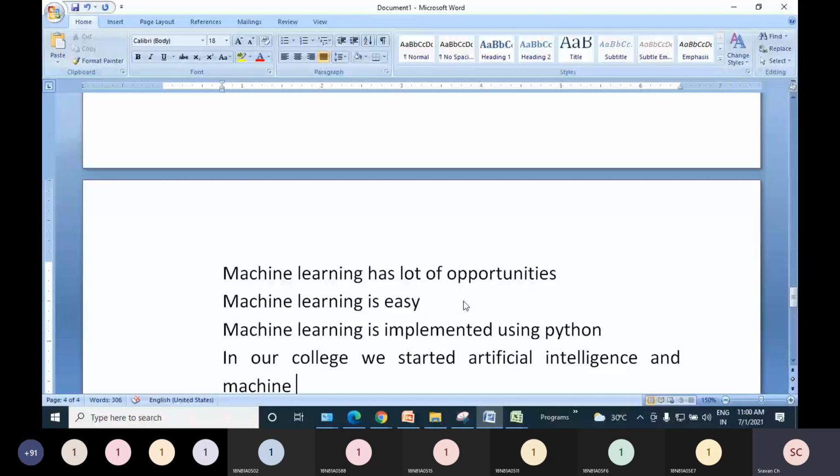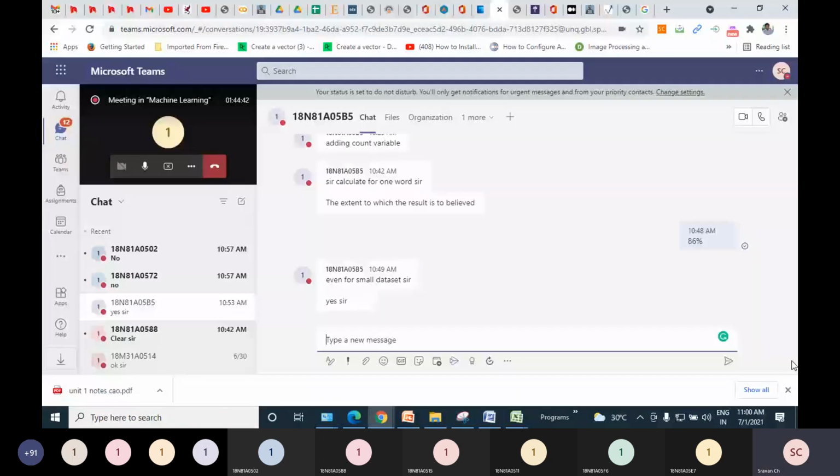You have seen what I have typed. I have typed statements like: Machine learning is a new super course. Machine learning is easy to learn. Machine learning has lot of opportunities. Machine learning can be implemented using Python. Four or five statements. Then I typed, "In our college, we started artificial intelligence and machine." I left the next word.